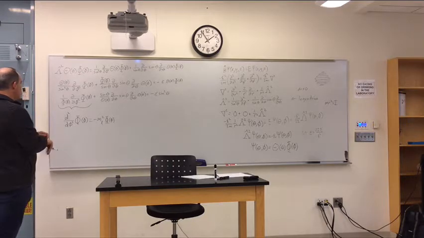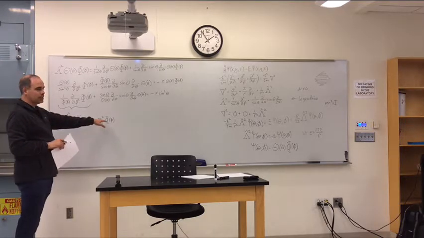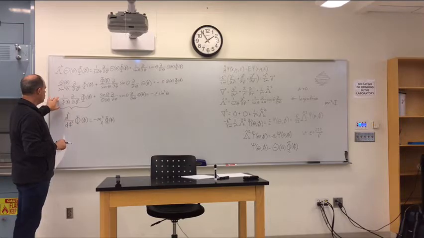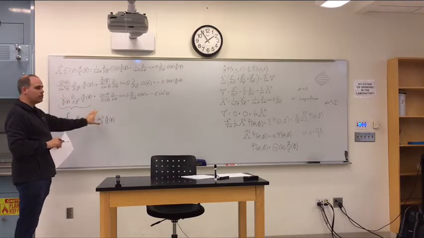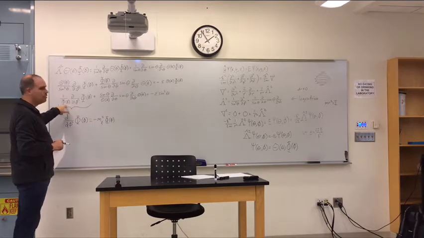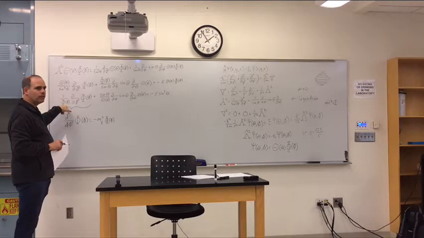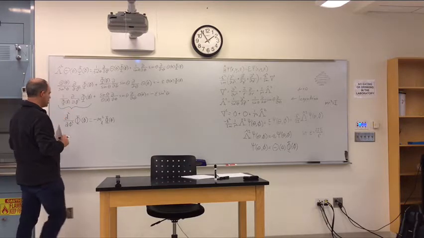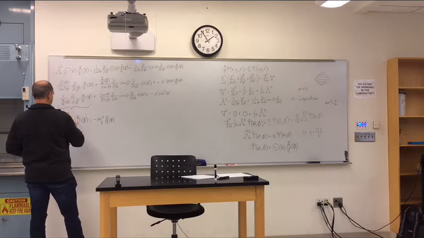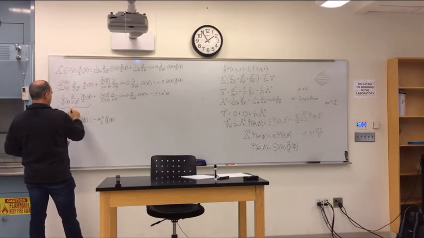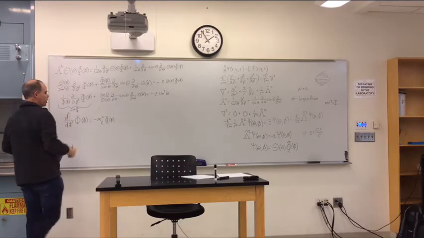So we already know what this is. If you look here, this is essentially taking this equation and dividing both sides by our wave equation. So what that tells us is that this part here should end up being minus ml squared.